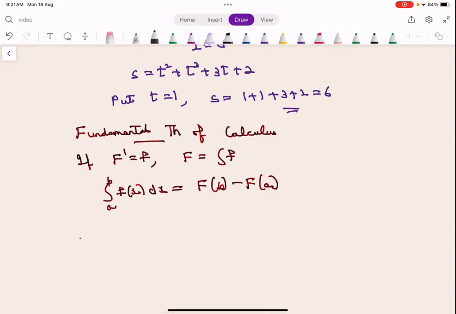Now I will conclude with the mean value theorem for integrals.